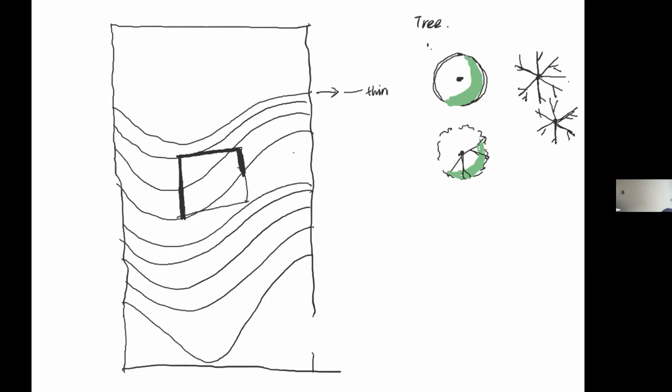So here are a couple of ways of drawing the trees. For me, I'll draw the trees in a very simplified way. I have trees right here and around my building, and a couple right here.